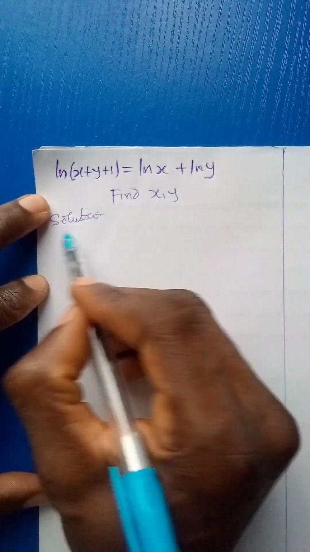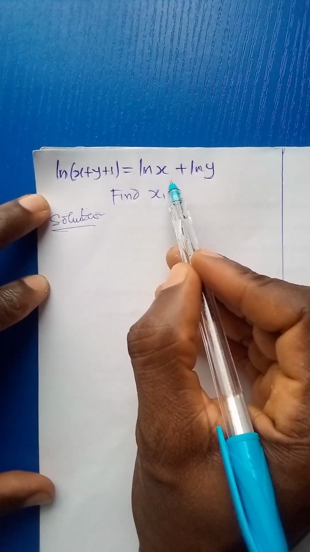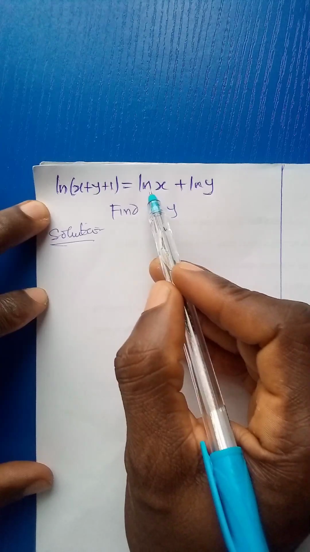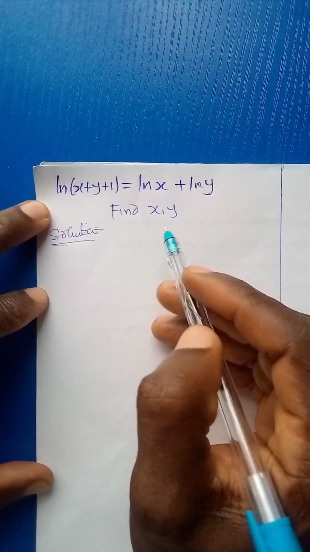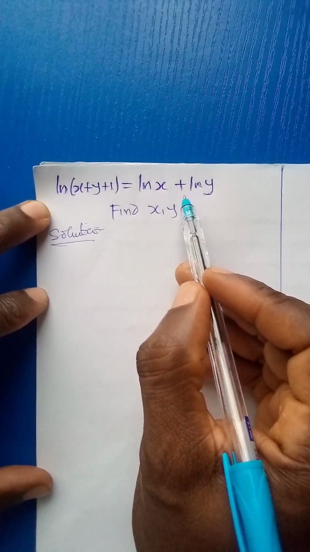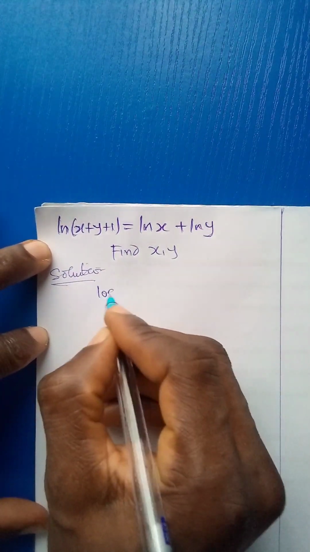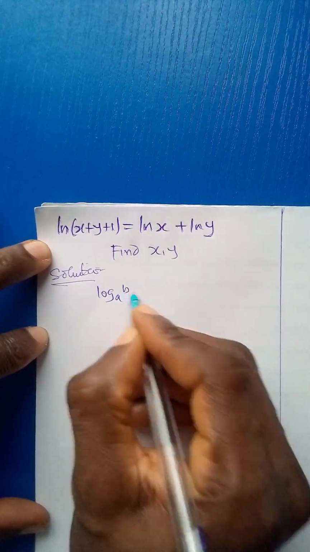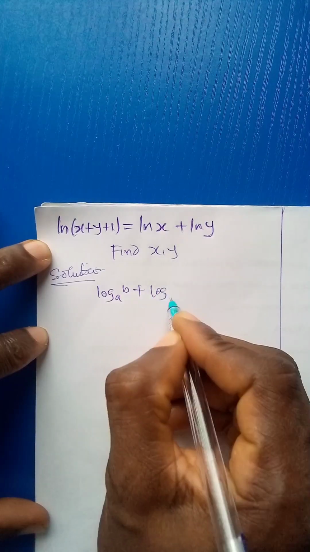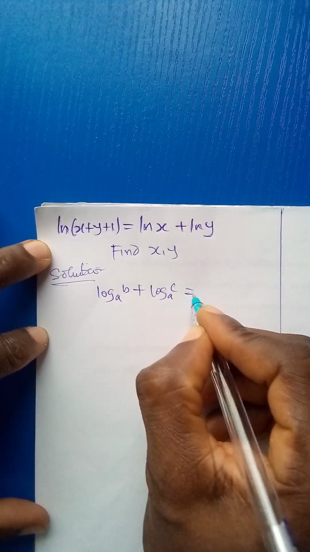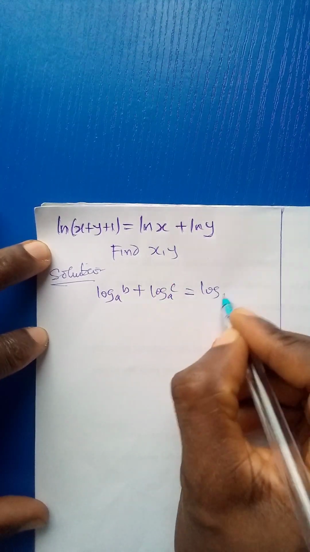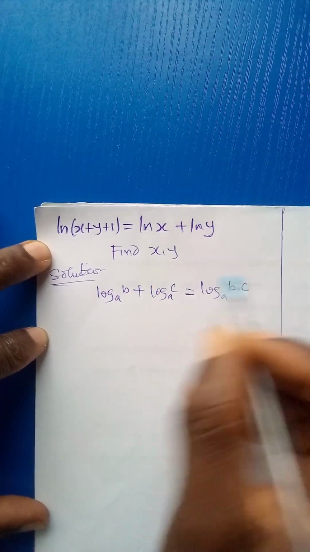I'm first of all going to concentrate on the right hand side since I have ln x plus ln y, and I'm going to apply the addition law of logarithm here. The addition law of logarithm is this: if I have log to base a of b plus log to base a of c, it is equal to log to base a of b times c.